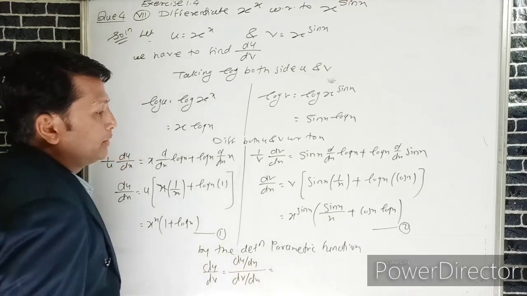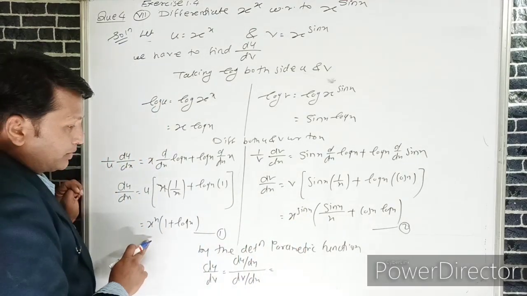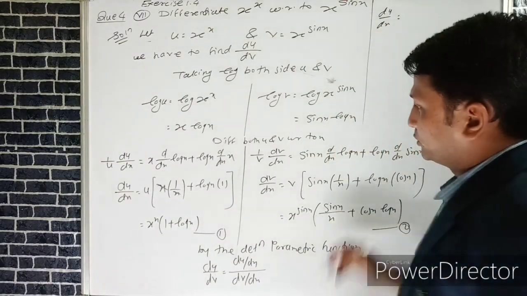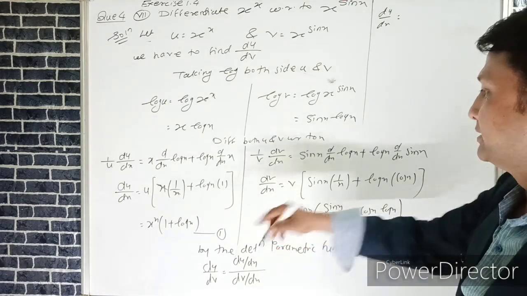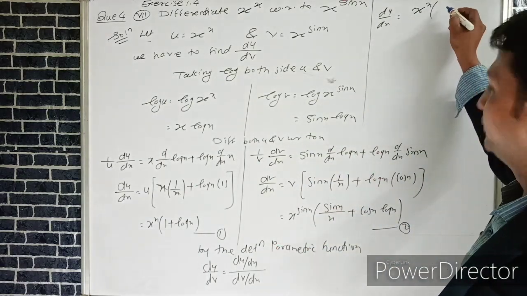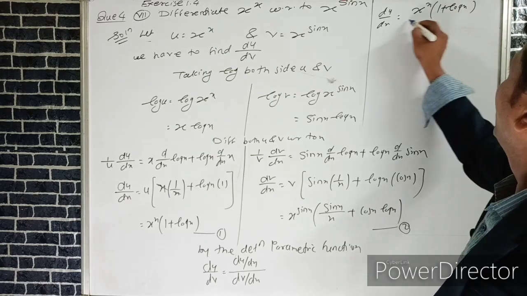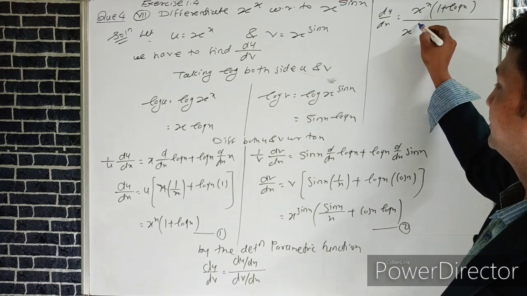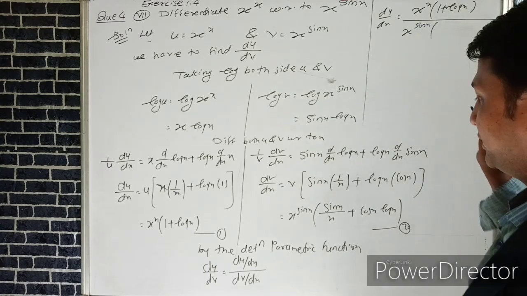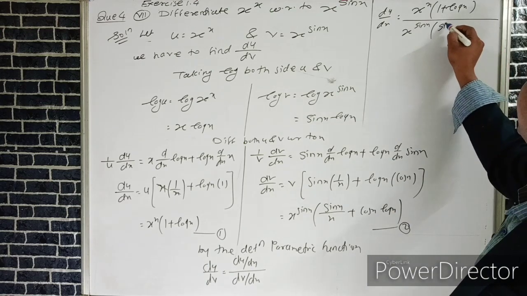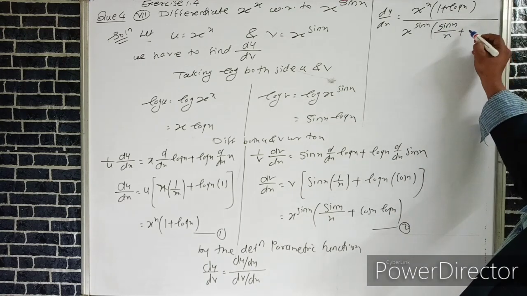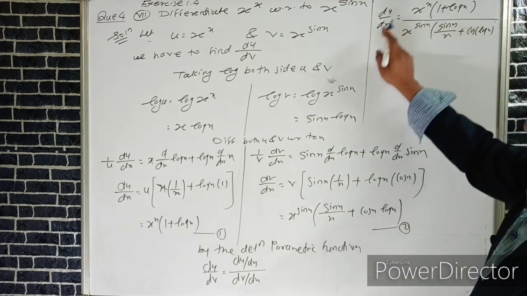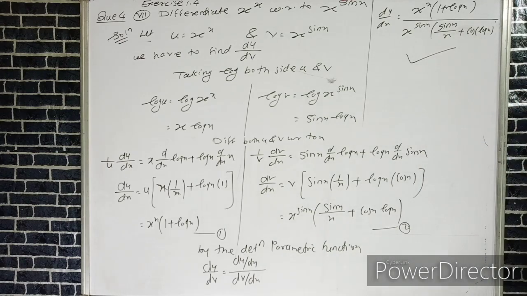We know that the value of du upon dx is x raised to the power x into 1 plus log x, upon dv upon dx, which is x raised to the power sin x into sin x upon x plus cos x into log x, which is the required derivative of the given function, du upon dv.